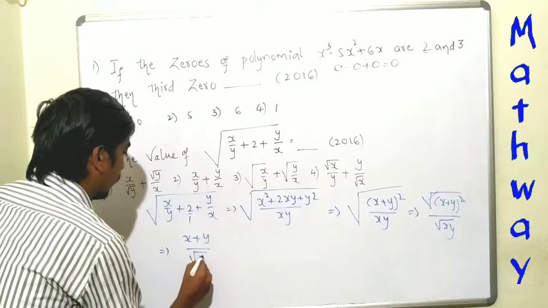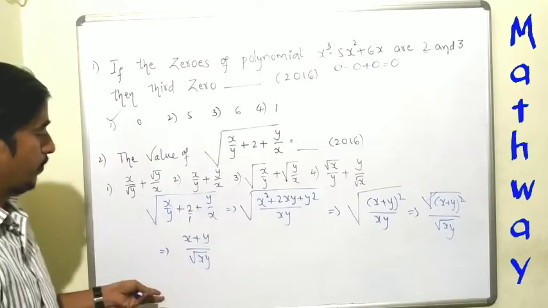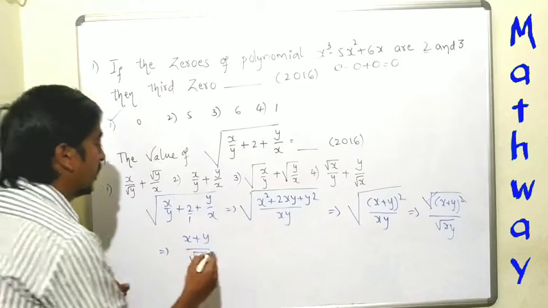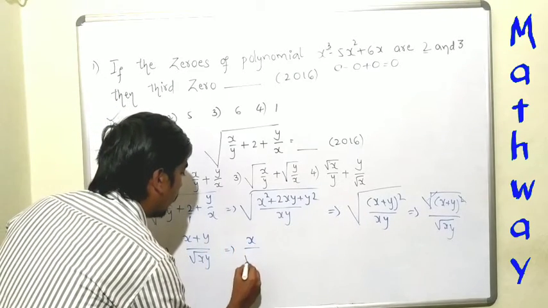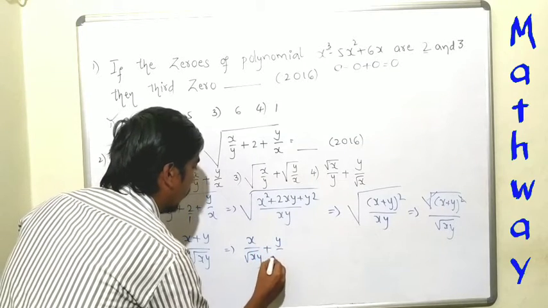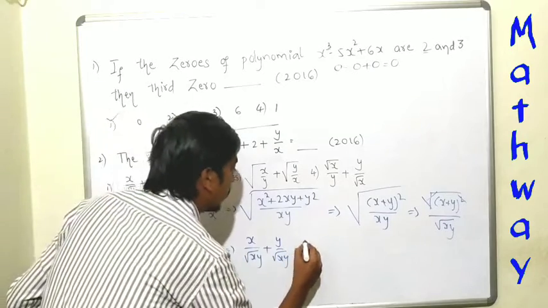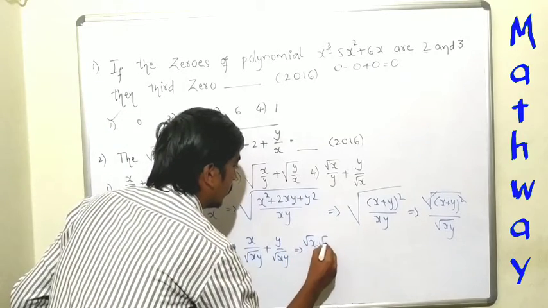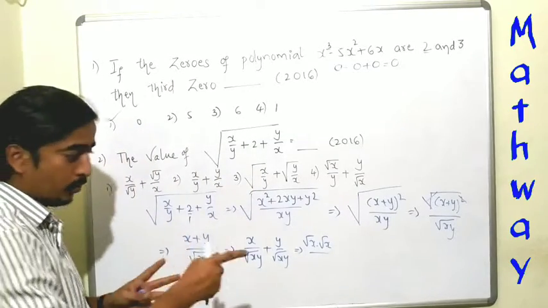by under root xy. So is it there in our options? No. So still we need to simplify this. Take root xy for both terms: x by root xy plus y by under root xy. So x I am writing as root x into root x, and root xy I am separating as root x into root y.